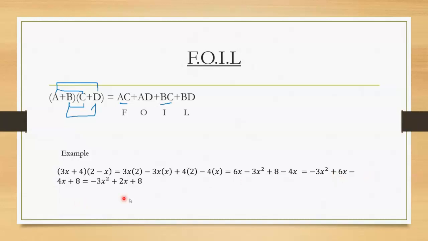We have 6x minus 4x. That's where the 2x comes from, just from combining. Okay. So we have that. That's FOIL, which you might have seen. If you haven't, that's okay. Good. So let's do some more examples.